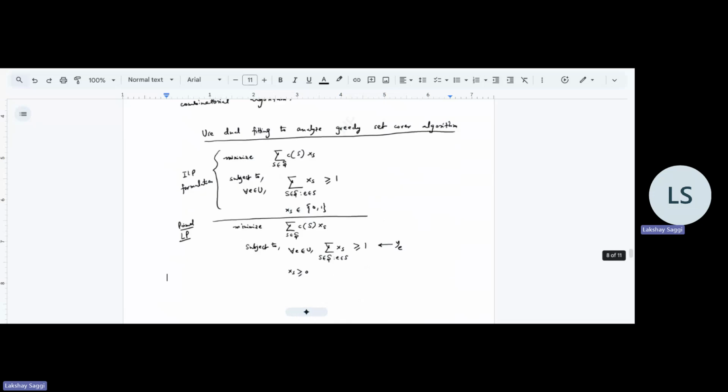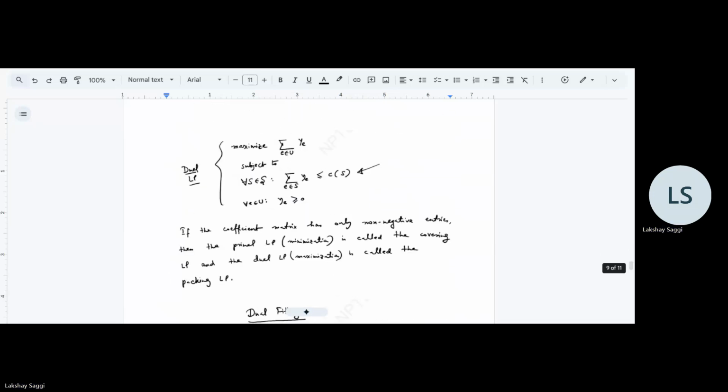In the set cover also, all these coefficients have non-negative entries, so we are covering something, and in the maximization LPs we are trying to fit some solution up to certain upper bounds, which is why it's called a packing LP. This is very standard terminology, so one should know about it, and it's not very hard to understand why this is the case.